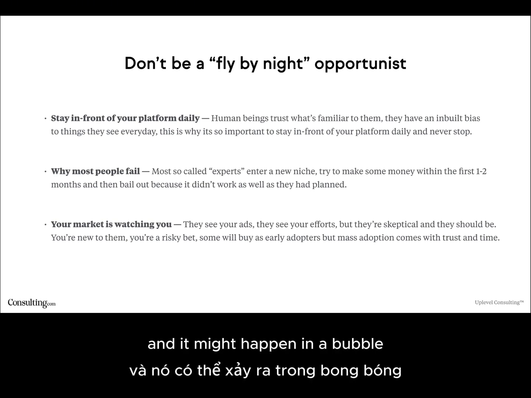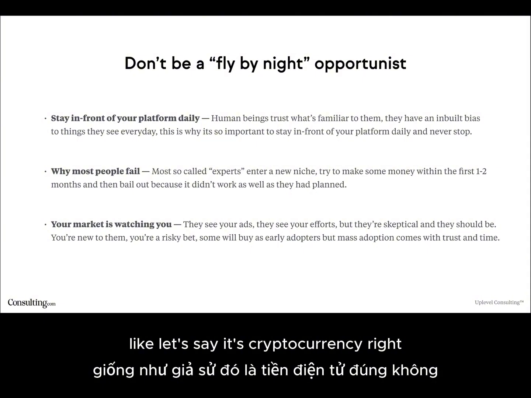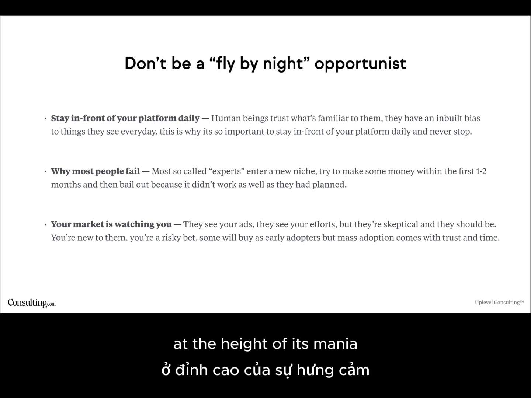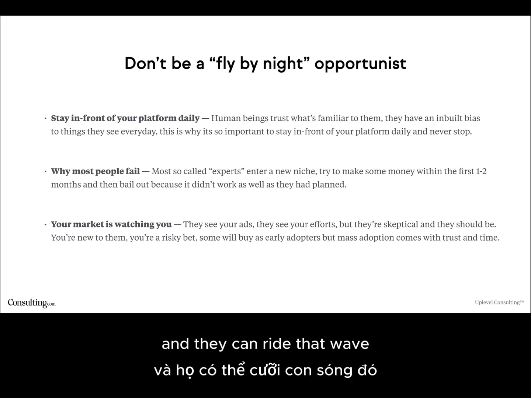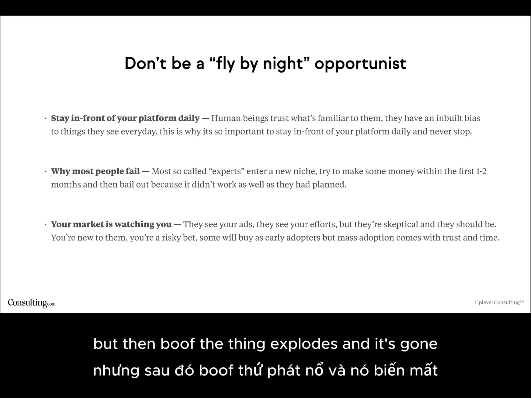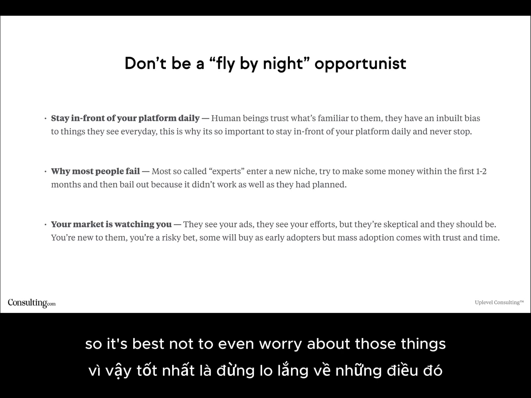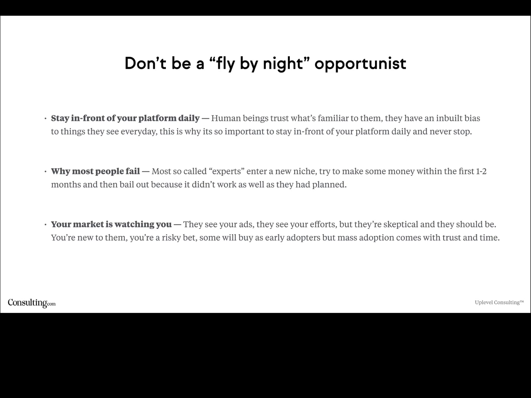It might happen in a bubble, at the peak of a bubble, like let's say cryptocurrency, right? Someone can enter that bubble at the height of its mania, not know anything, be brand new, ride that wave and make a quick windfall of cash, but then the thing explodes and it's gone and they can't repeat it. So it's best not to worry about those things and just focus on building it the right way.